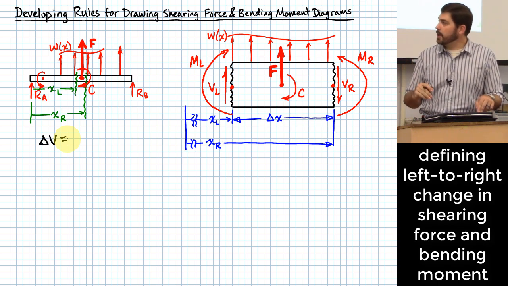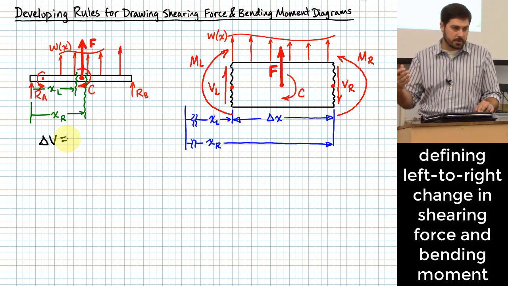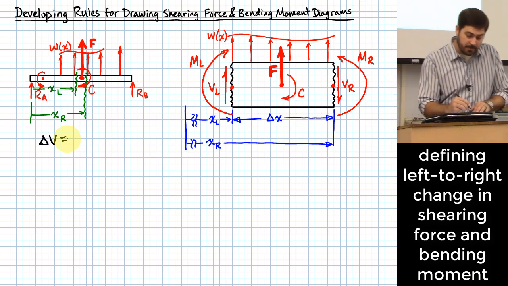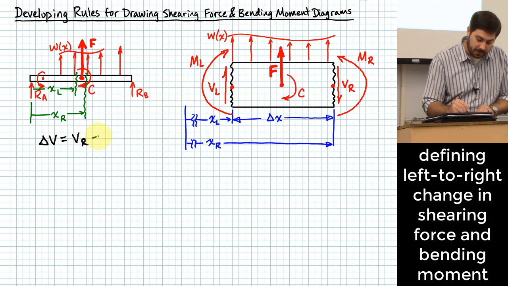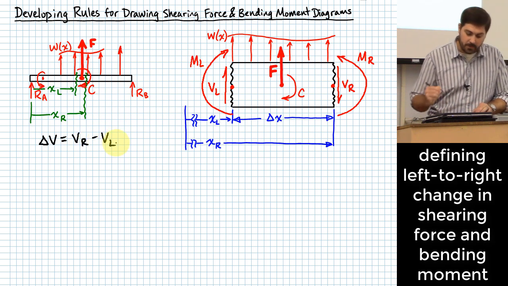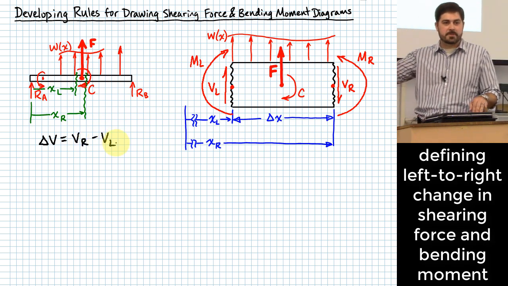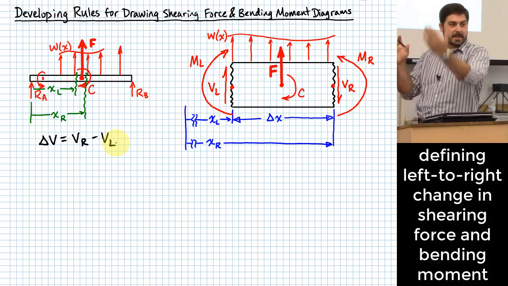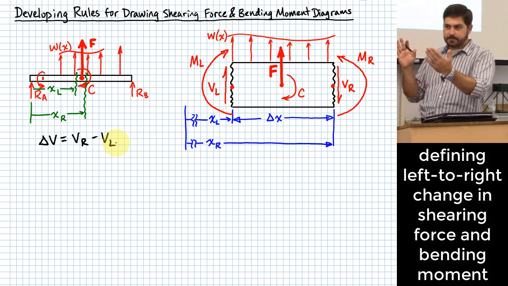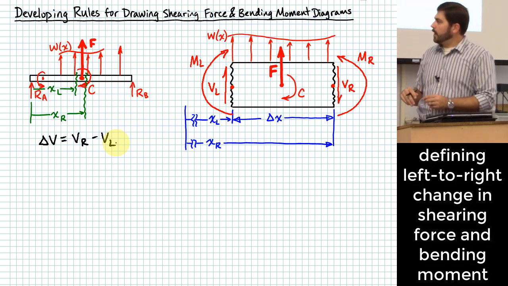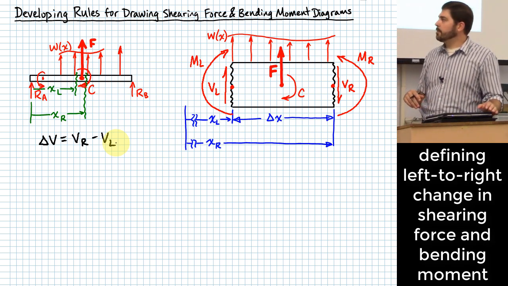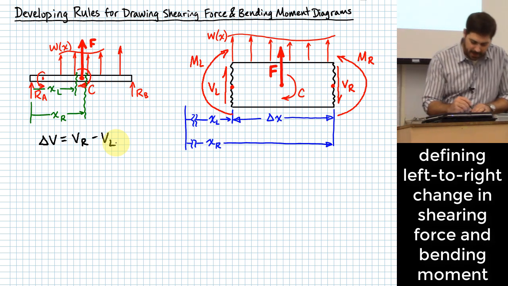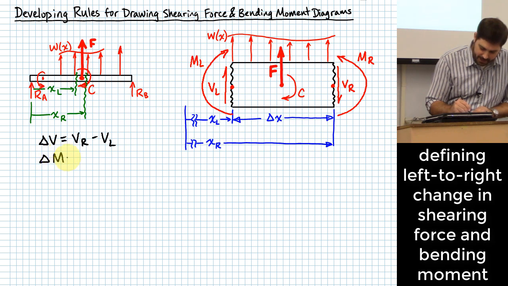So if I want to define my change in shear force, it might be the other way: VR minus VL. Because you want to take what it becomes at the end of a movement from left to right minus what it was at the beginning of a movement from left to right. Does that make sense? So I'm going to define that term delta V as being VR minus VL. And what do you think I might define delta M as?